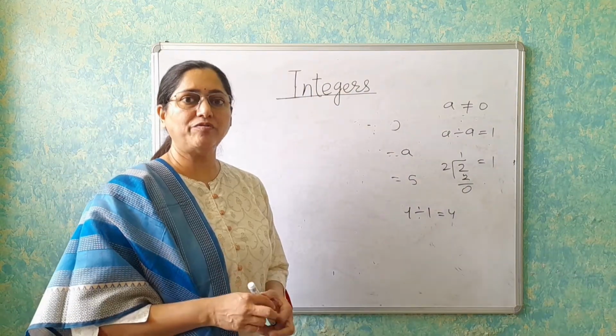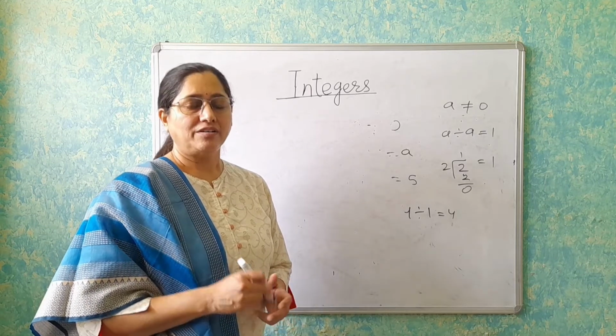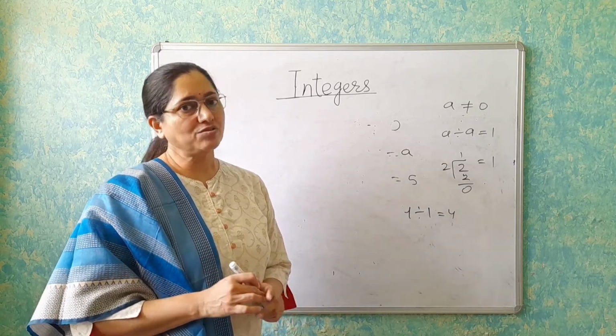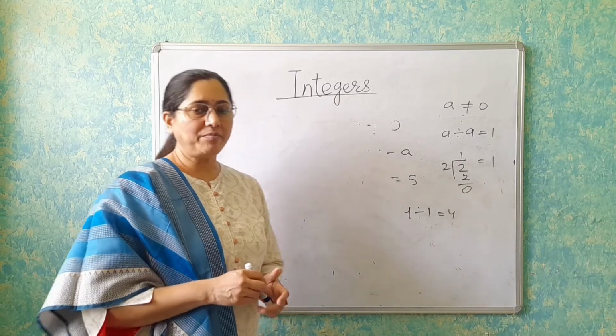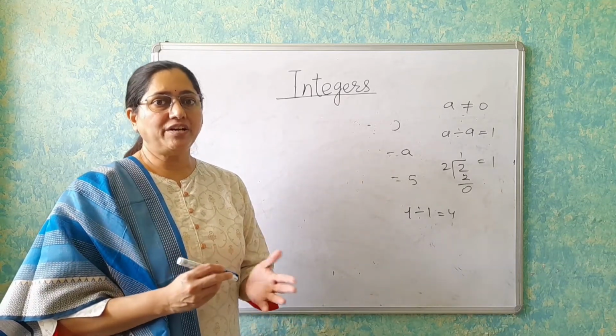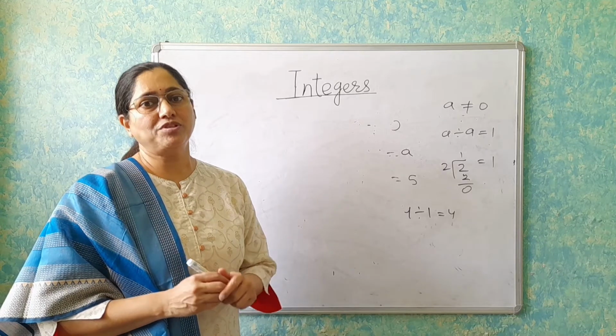The next property of division of integers is that division of integers is never associative as in the case of multiplication, because multiplication and division are two diagonally opposite processes.